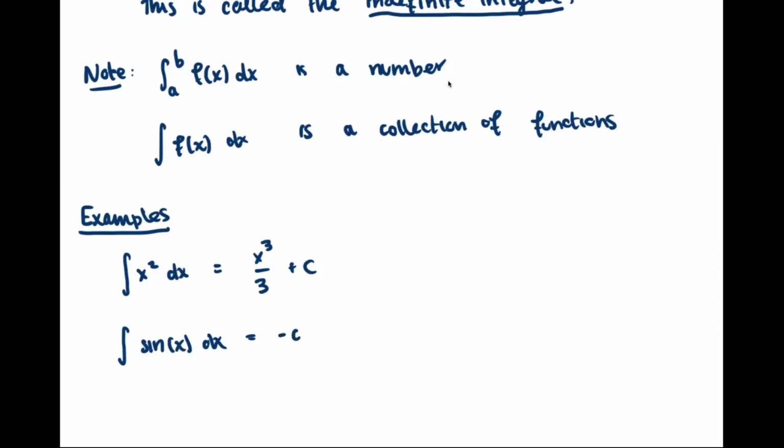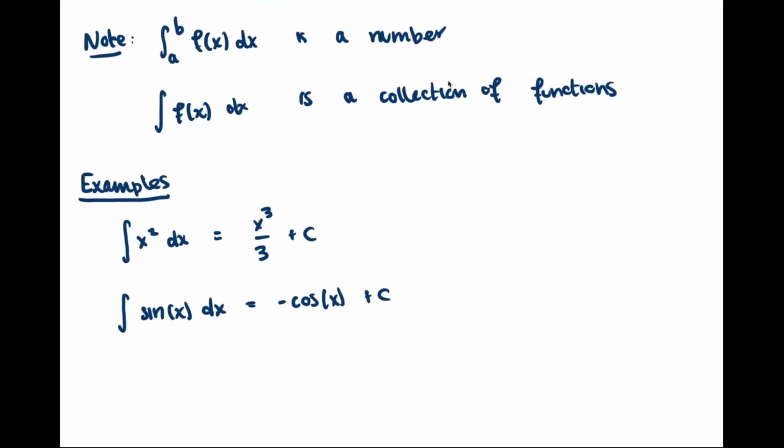So we have negative cosine x plus c. Oh, this is not very legible. With this one, the only thing to remember is that when you take the derivative of cosine, you get minus sine. So we have to add a negative in front to get the right thing.